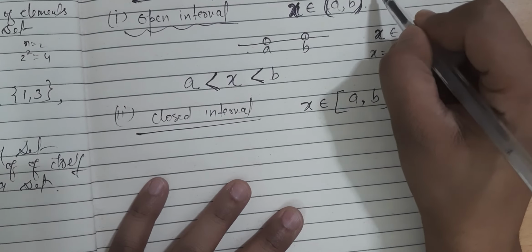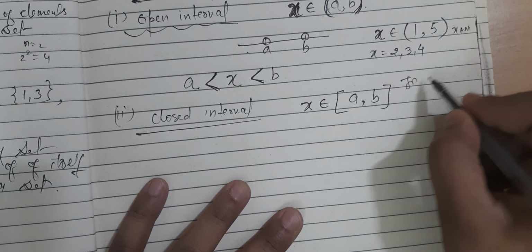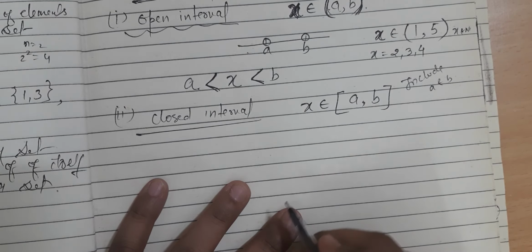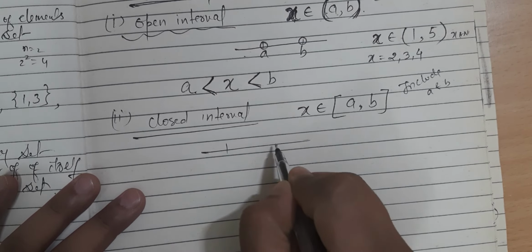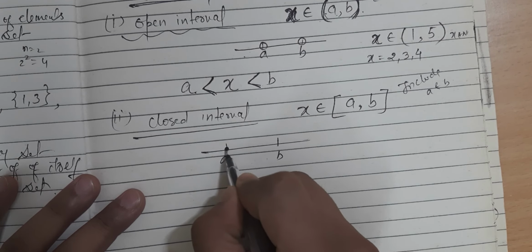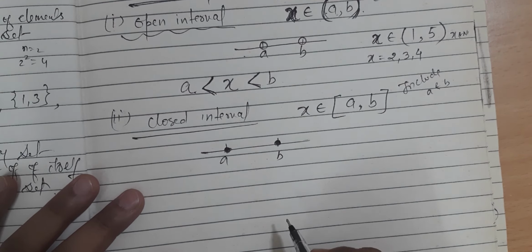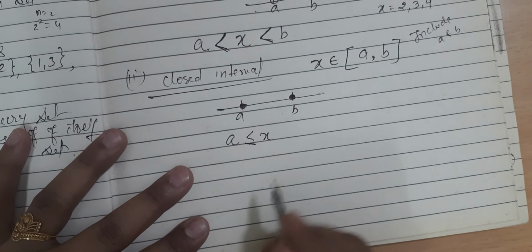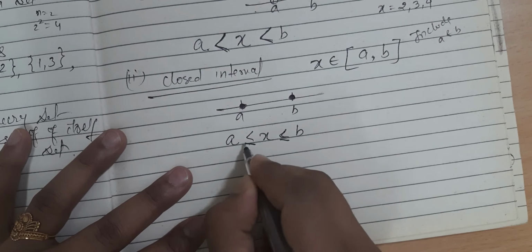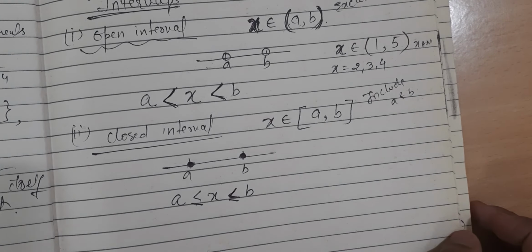Here we include A and B. If x belongs to the closed interval [A, B], we will include A and B. It means the value of x is greater than or equal to A and less than or equal to B. From this symbol you will be able to identify whether it's an open or closed interval.